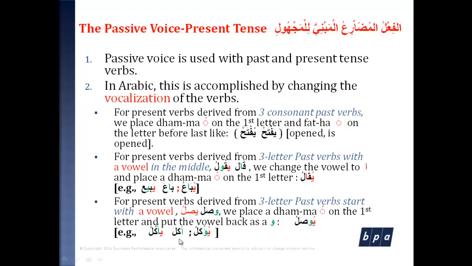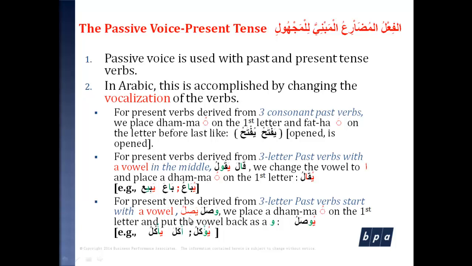Akala, he ate, in the present tense becomes ya'kulu, huwa ya'kulu, he eats. And you can see how the alif here goes to a waw, and we add the ya in the beginning with the dhamma, yu'kalu, and the kaf has to take a fatha here because it's the letter before last. So akala, ya'kulu, yu'kalu.